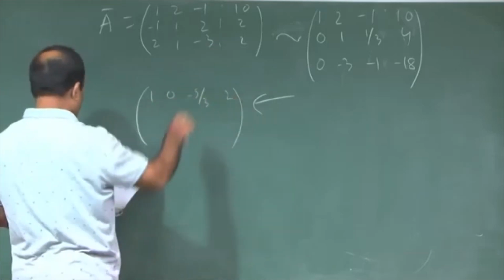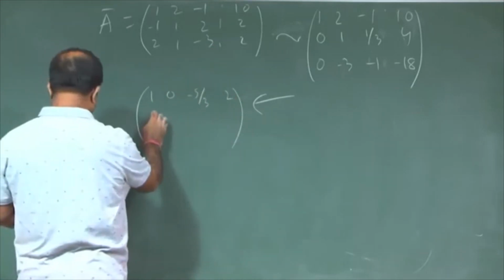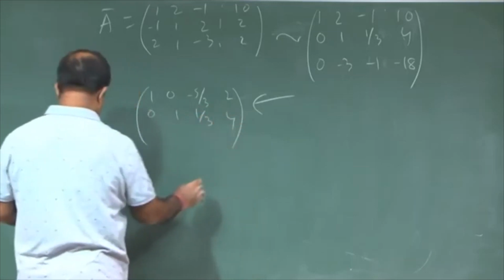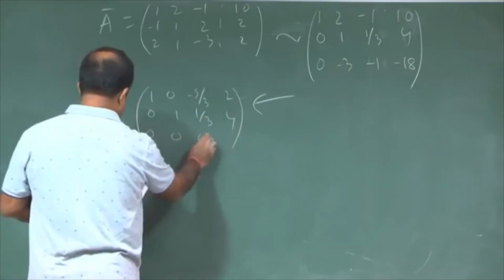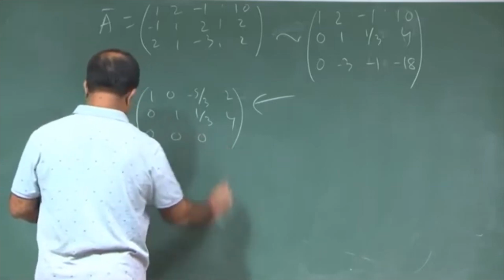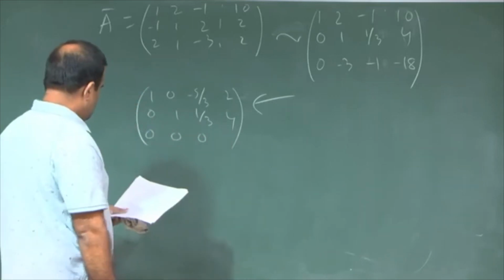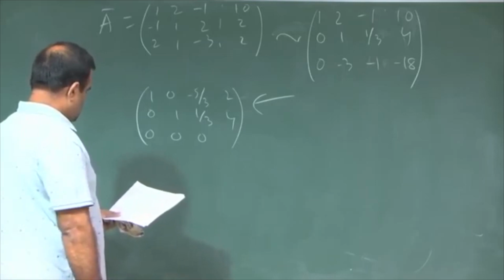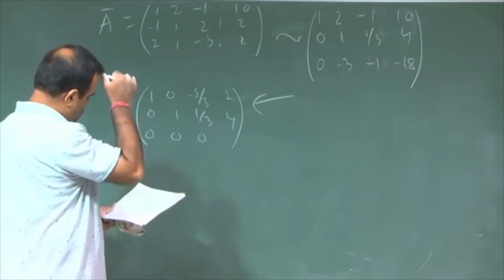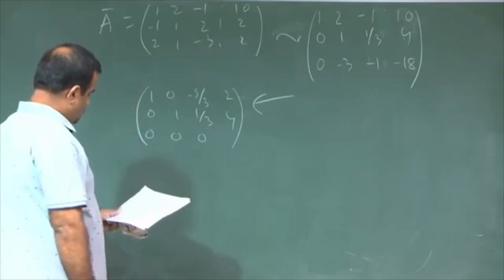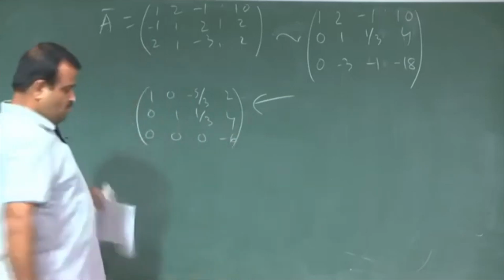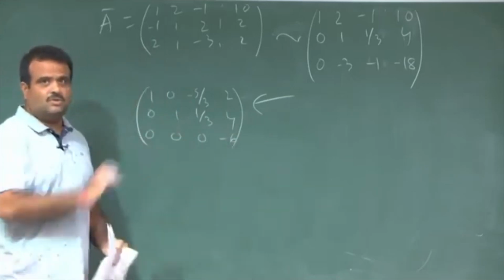We have to just subtract by 5 and then add with the other row; 0, 1, 1 by 3, 4; and 0, 0, 0, minus 6. Anyway, you can just work this out.